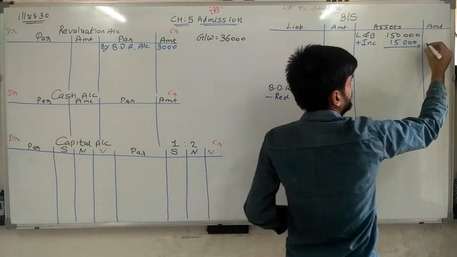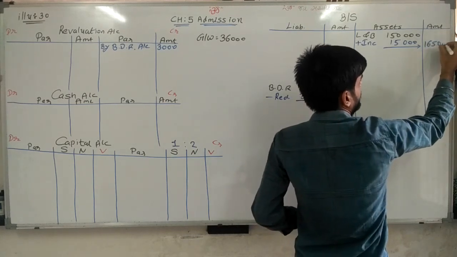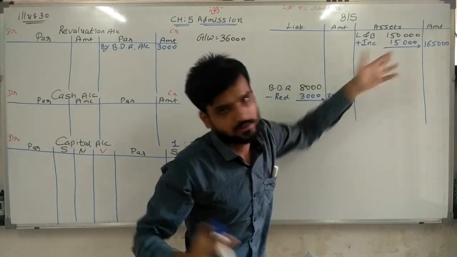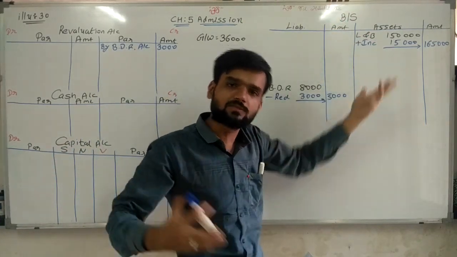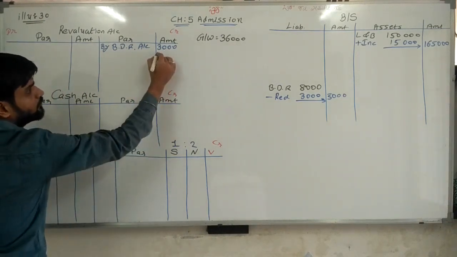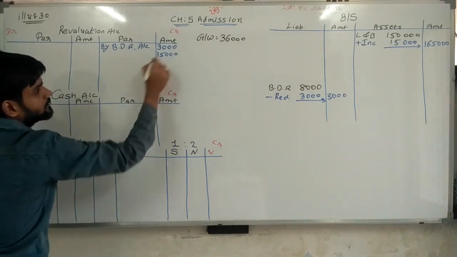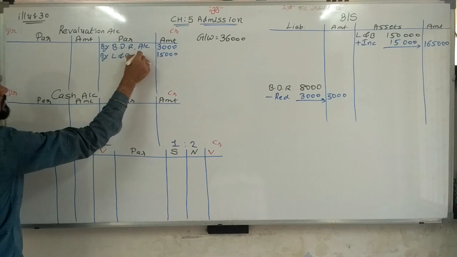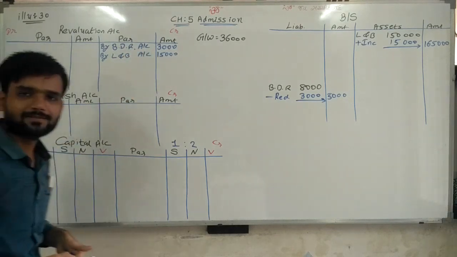In the outer column writing 1,65,000. Now think, happy or sad? Simple. Happy: asset value increase means happy. Happy means credited to revaluation account. So 15,000 by land and building account. That's it.